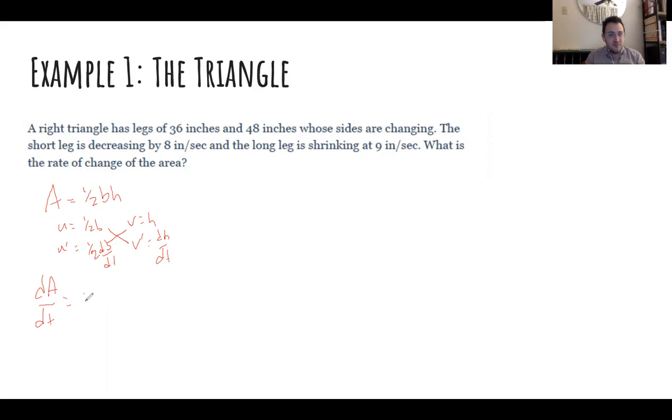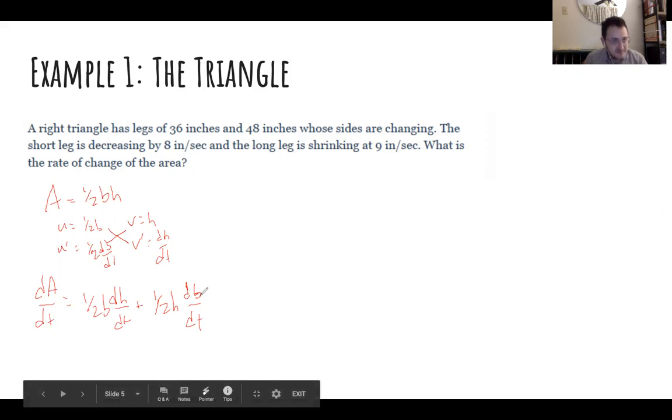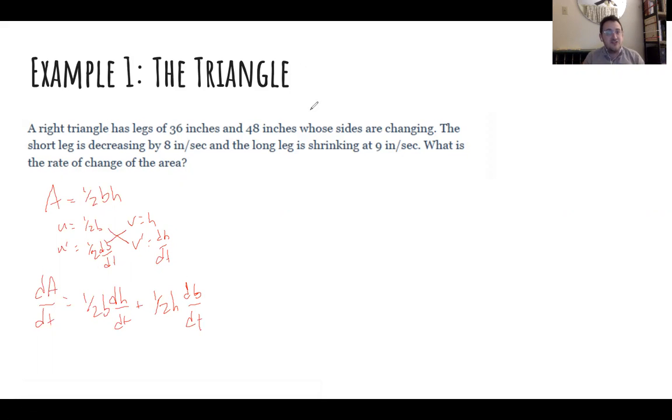So I would have 1/2 b times dH/dt plus 1/2, and I'm just going to do the h, put that in front, times dB/dt. And it's asking us for the rate of change of the area.